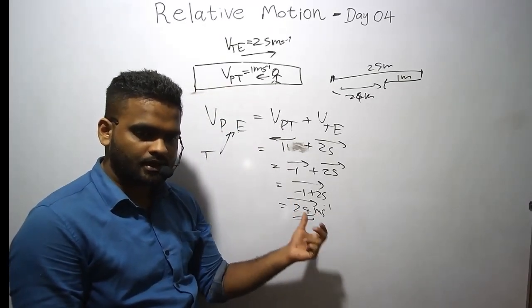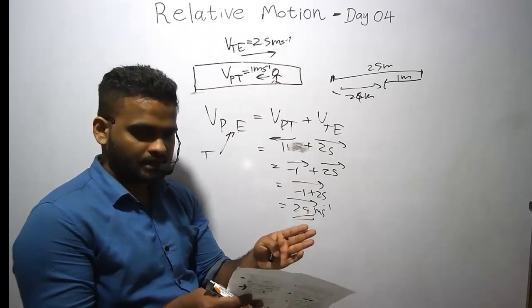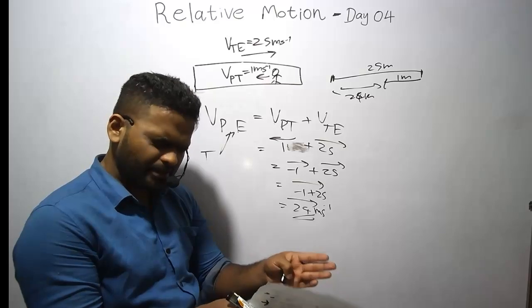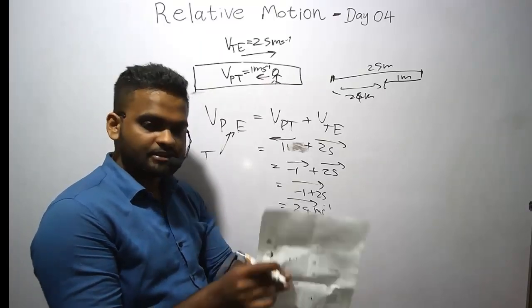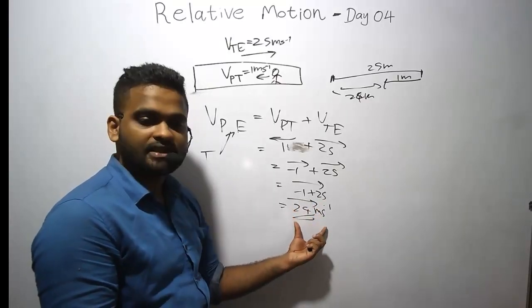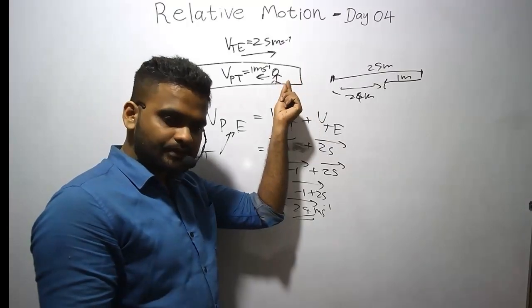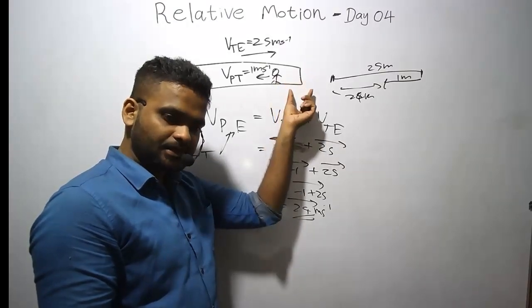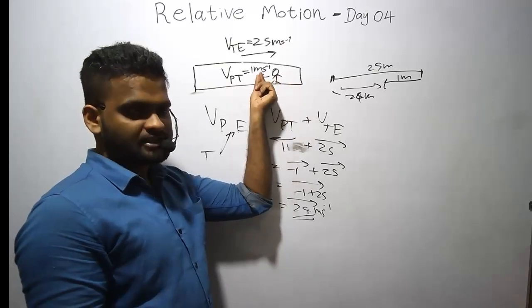Understood? So you have to understand, depending on the observer, the displacements and velocities change, right? Relative to earth, it is 24. Relative to the train, someone inside the train sees the passenger move backward 1 meter per second.